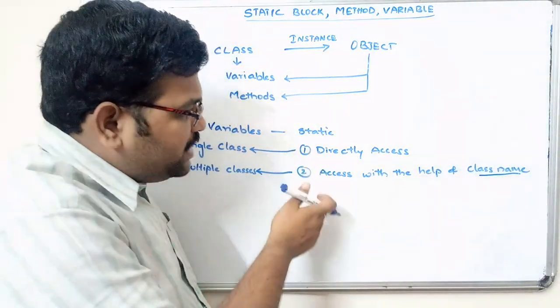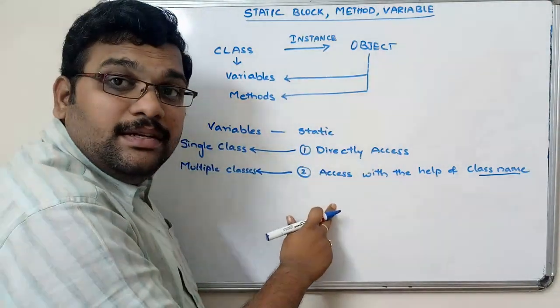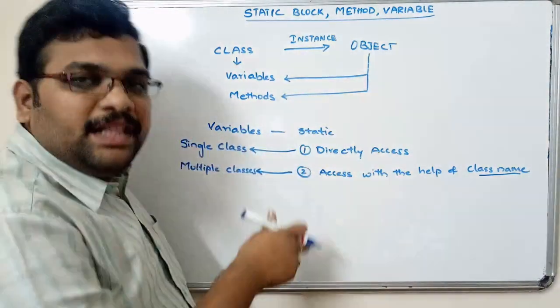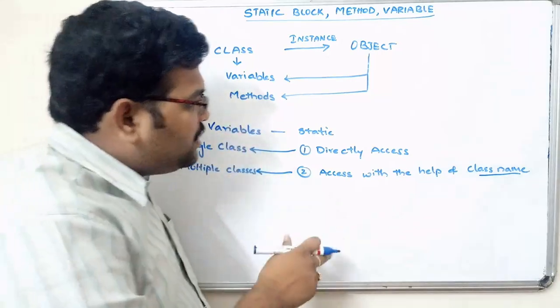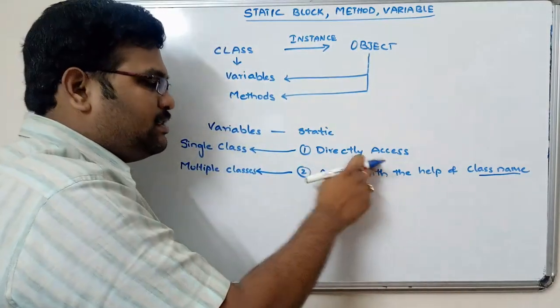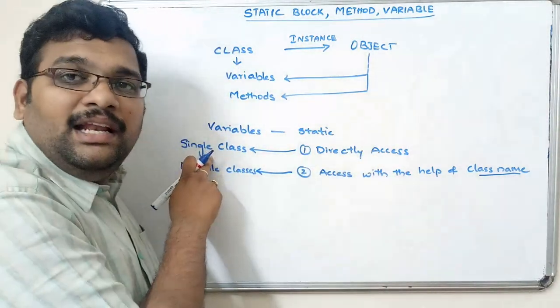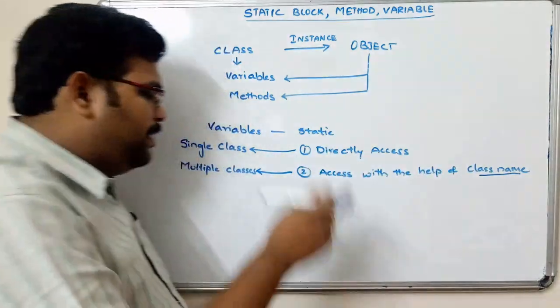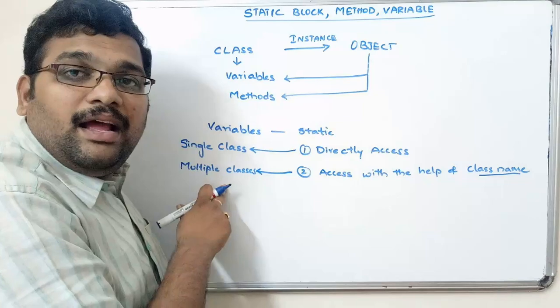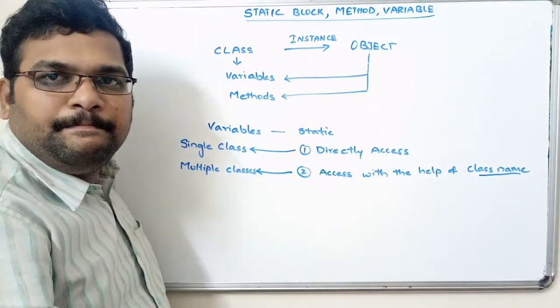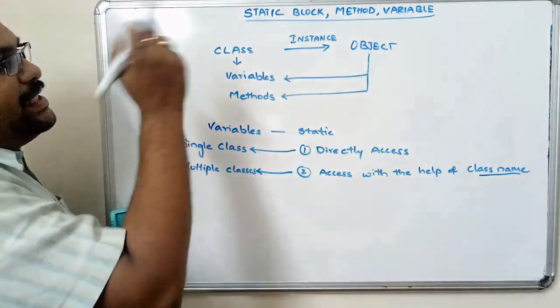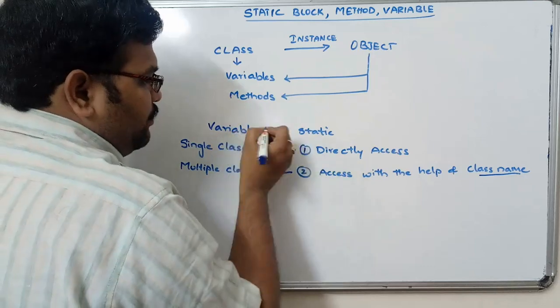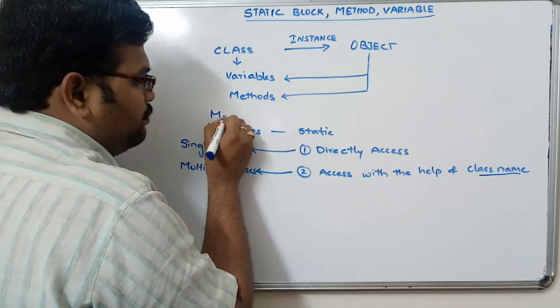So there are two ways to access static variables. Similarly for static methods: they can be directly accessed if everything is in a single class, and with the help of the class name if the static methods are in another class. Variables and methods are the same in this regard.